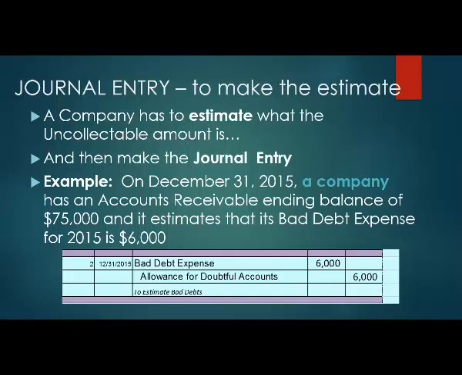Bad debt expense, $6,000 debit. Allowance for doubtful accounts, $6,000 credit. Note that we use bad debt expense, which is also a new account for this chapter. And we are not yet saying we want to write off this customer's account or that customer's account. This is just about the estimate. Allowance for doubtful accounts is a permanent account and it is listed with the assets.